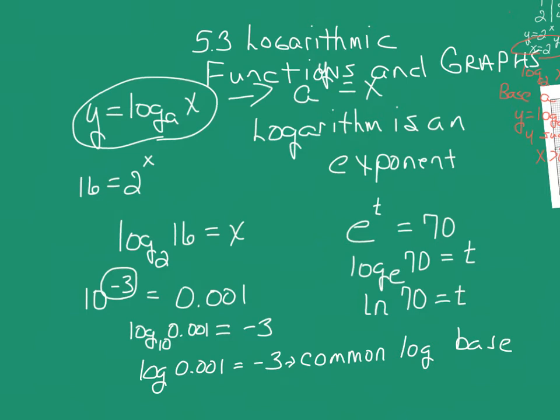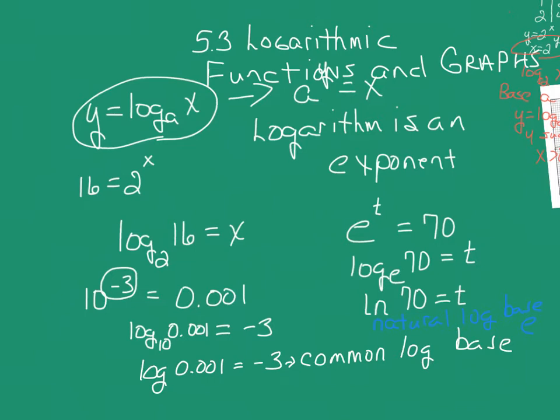The natural log is base e. Most of the formulas or applications you're going to be working with are going to use either the common log or the natural log.